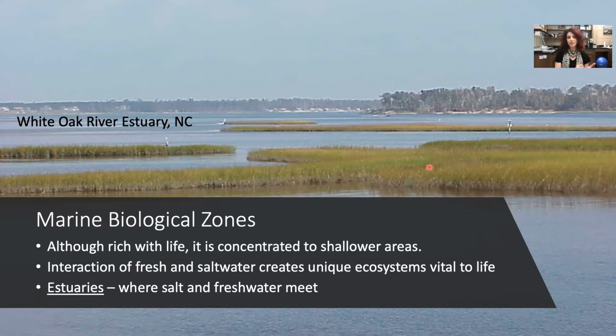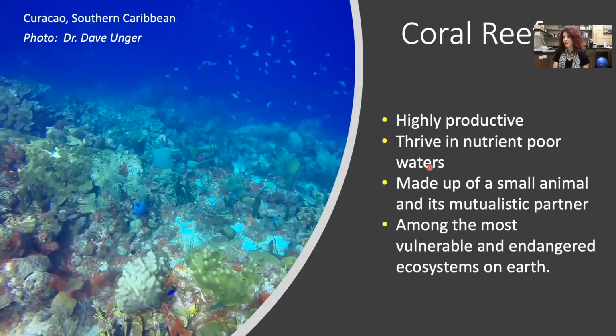Another type of marine environment that's also teeming with life are our coral reefs. This is an image from Professor Unger, one of his diving expeditions. And you can clearly see that there are lots of different biological life forms here. These ecosystems are highly productive. They actually thrive in nutrient poor waters.